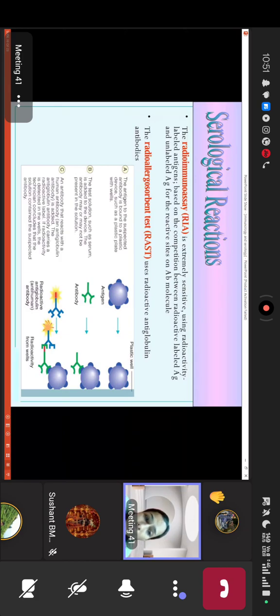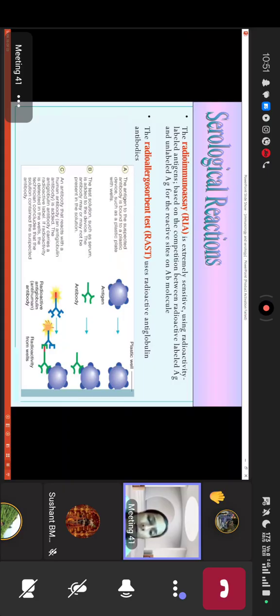In this method, radioimmunoassay, we label our antigen with radioactive elements. Based on the competition between the radioactive labeled antigen and unlabeled antigen, the reactive sites on antibody molecules are occupied.